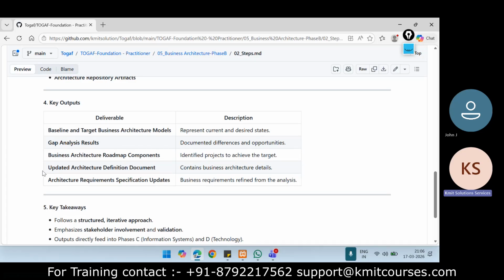You need to identify those and the business architecture roadmap components, and then update the architecture definition document and the architecture requirements specification, with business requirements refined from the analysis, right?